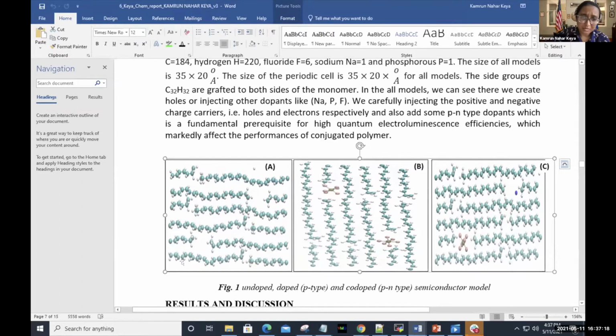There are several chains here. Okay. In every chain, it's not a chain, it's a so-called oligomer. There are several monomers inside. So you have multiple oligomers in one simulation cell. Yes.